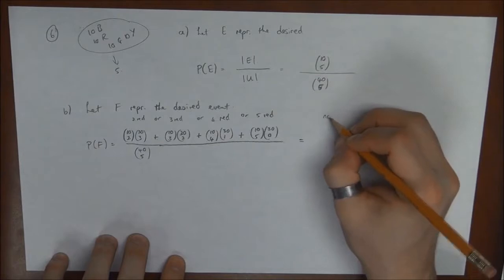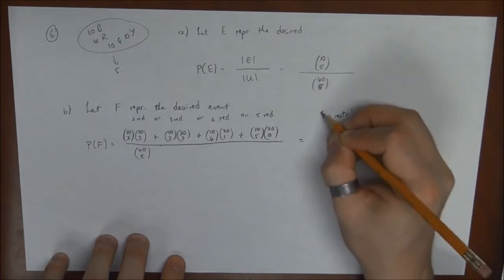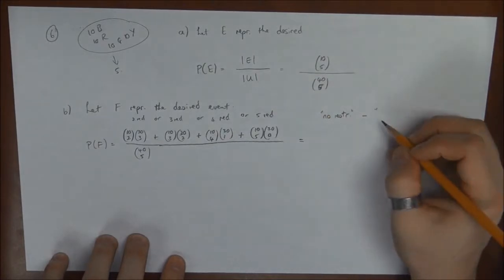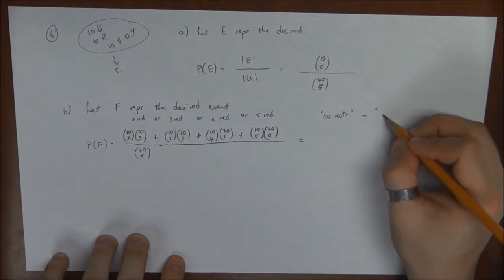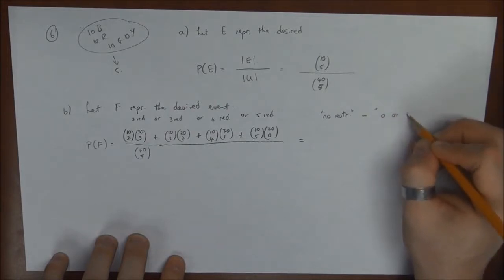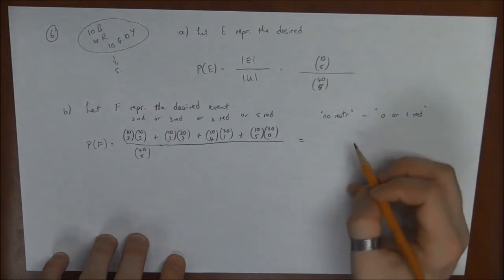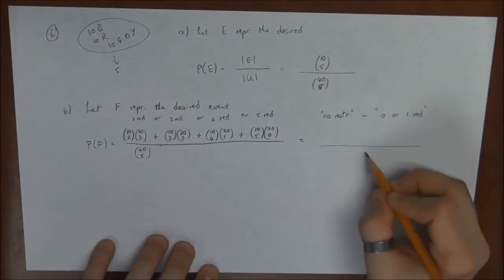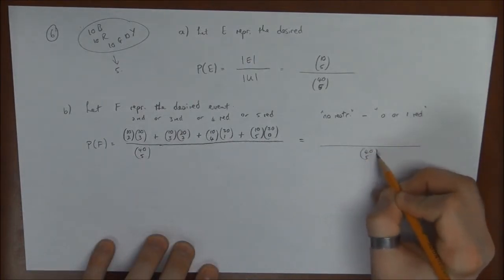I could have also done the no restriction minus the complement, and in this case that would be 0 or 1 red. And you can argue that's a little bit less to write down.